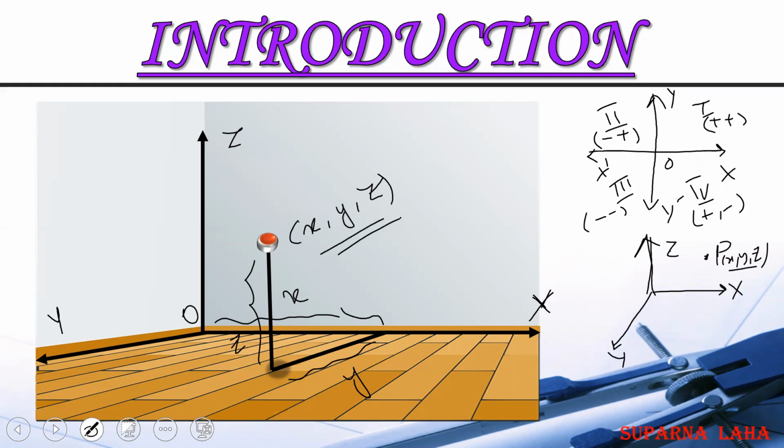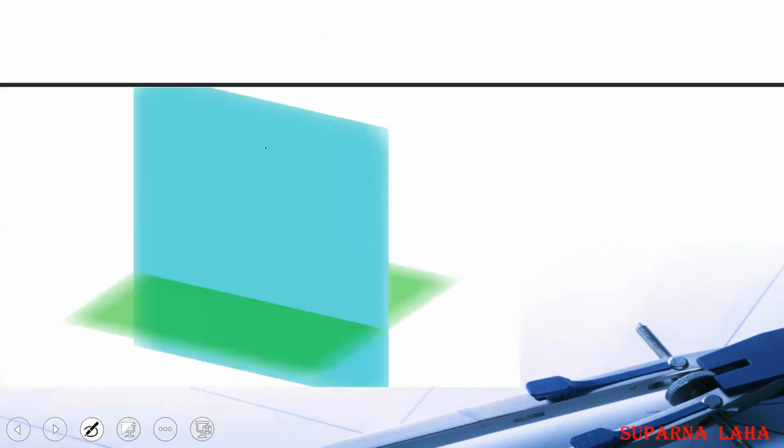Okay. To imagine the three-dimensional geometry, just consider one corner of your room and consider the lines joining the wall and the ground: this is x-axis, this is y-axis, and this is z-axis. Okay, so take 3 planes, perpendicular to each other.